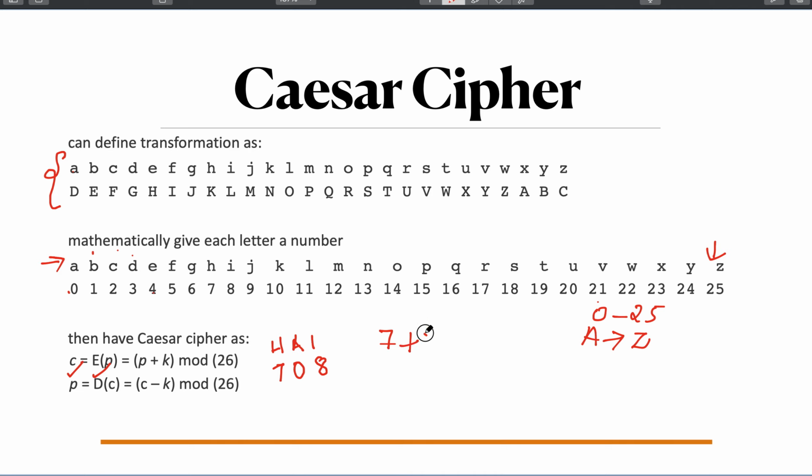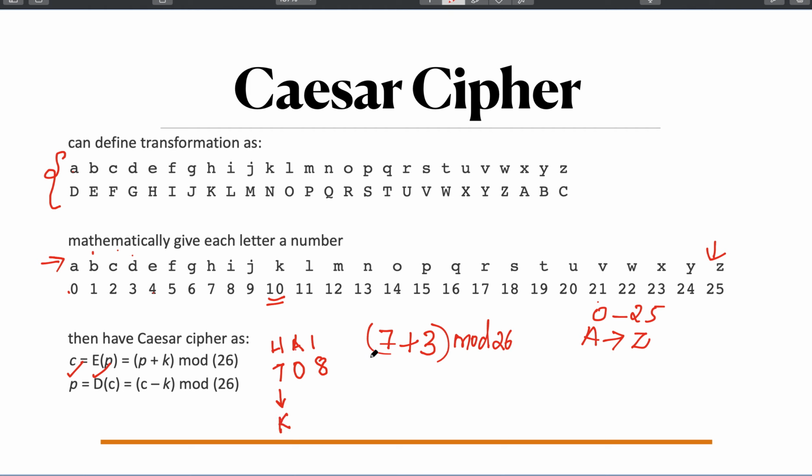What is the key value? 3. For Caesar cipher it is 3, right? So 7 plus 3 mod 26 is 10. Which is the alphabet corresponding to the number 10? It is K. So H will be replaced by the ciphertext K.